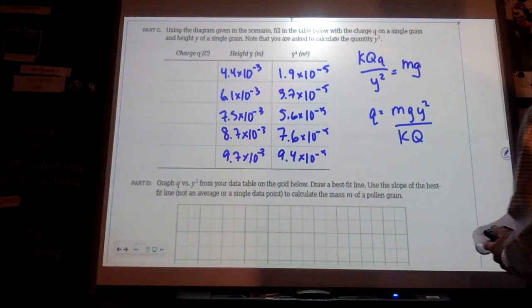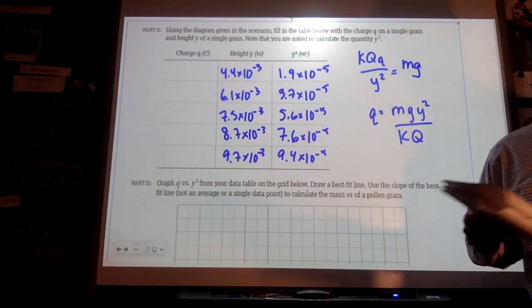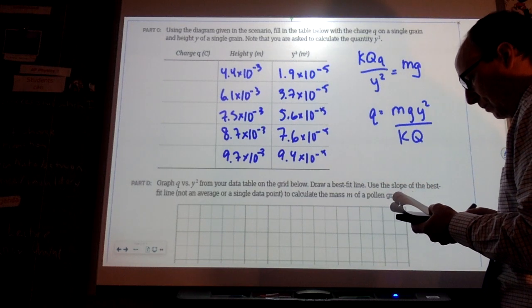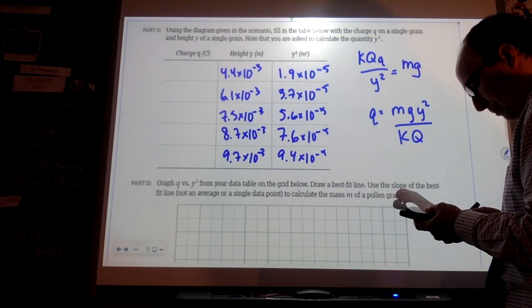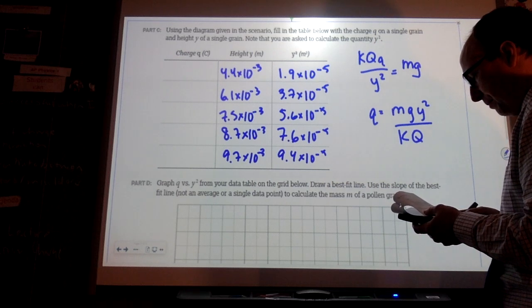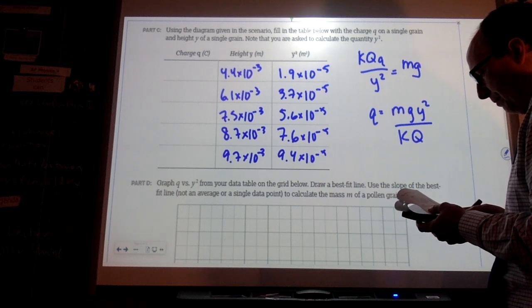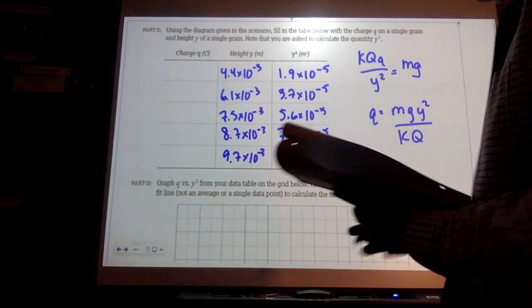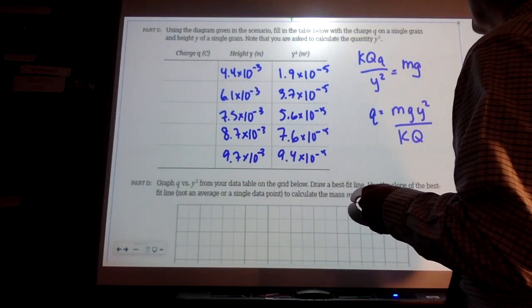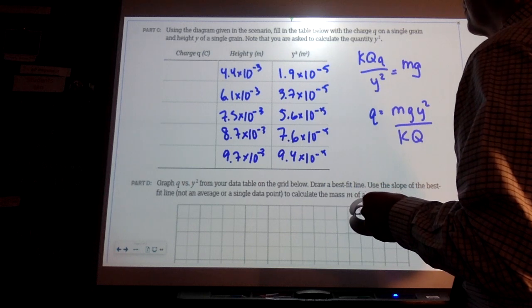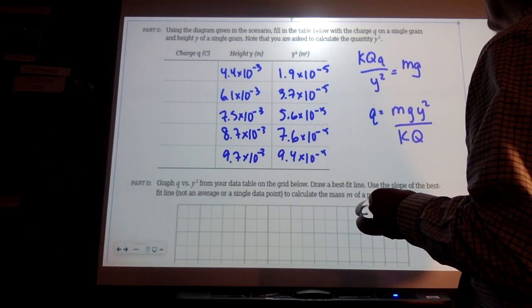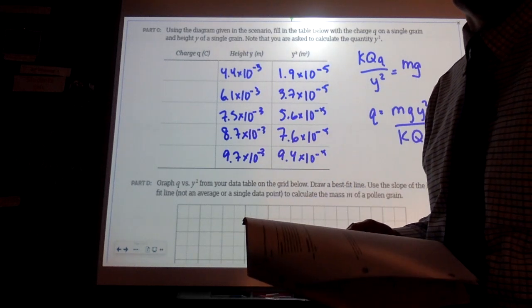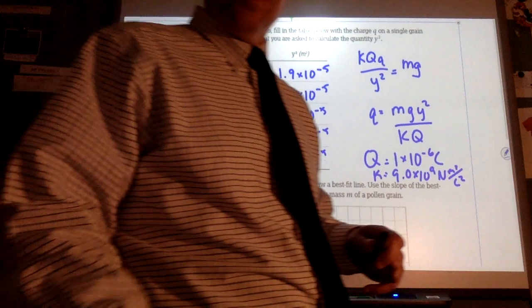Now I need to solve for q for each one of these. I know that m for every single one is the same.